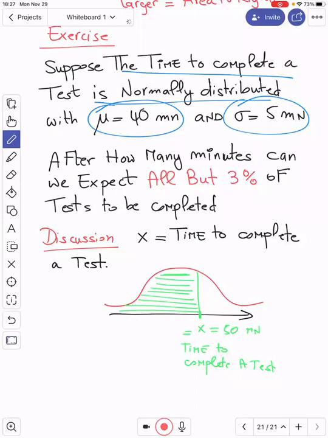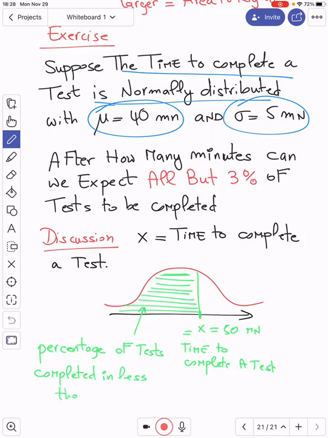So the area to the left is the probability, or the percentage of tests that can be completed in less than 50 minutes.